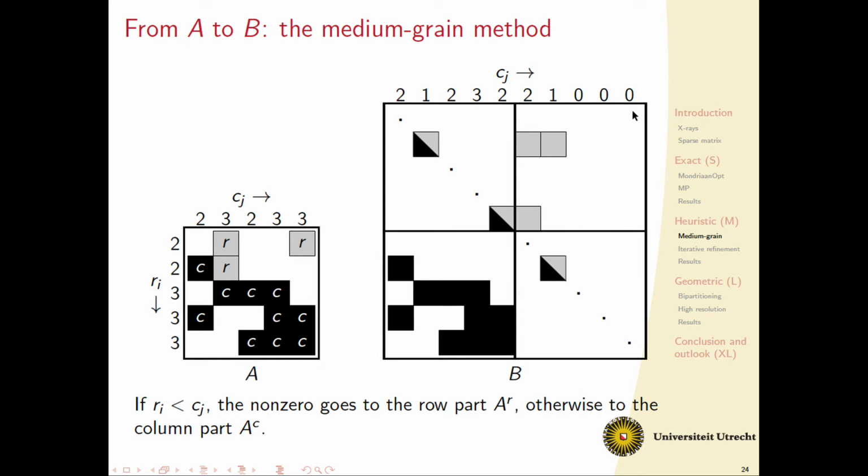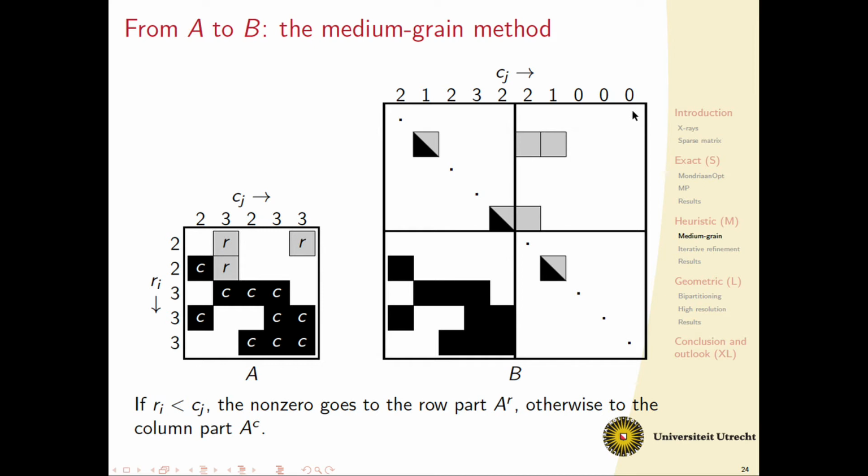So how do we do that? How do we decide on AR and AC? Well, the idea here is to do a simple split: count how many non-zeros there are in the row, like the first row has 2 non-zeros.